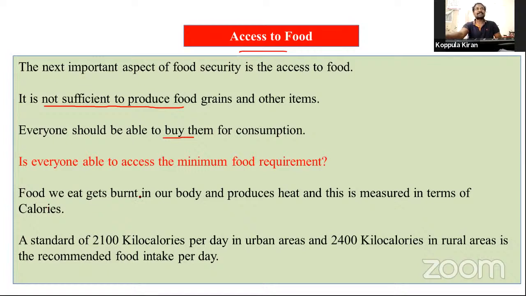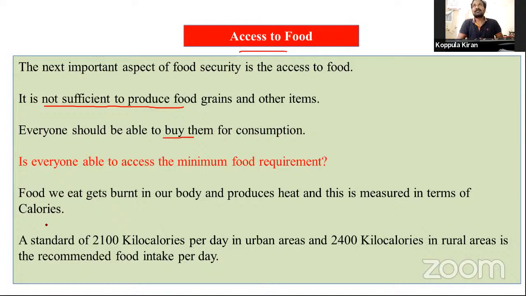The food we eat gets burnt in our body and produces heat, and this is measured in terms of calories. When we take food, energy is automatically generated, and then we are able to do physical work with that energy.